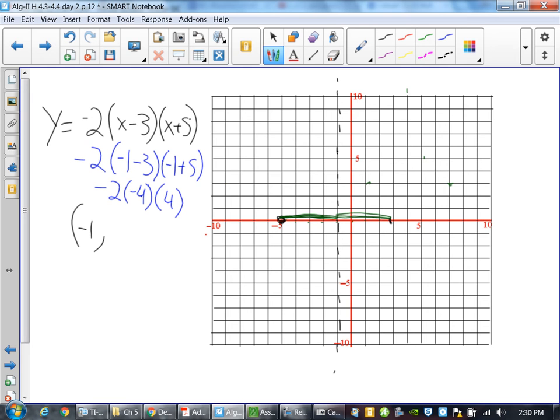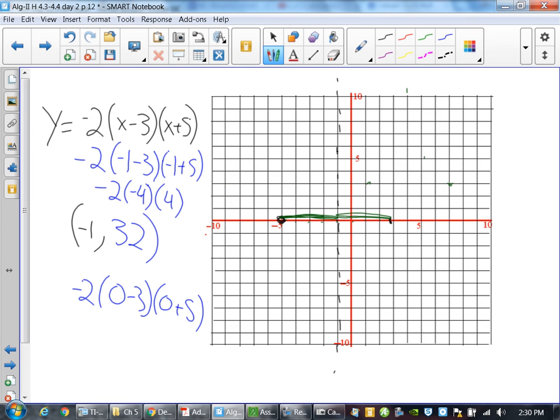That gives me positive 32. There's my vertex. Now, the next number I'm going to pick, since my axis of symmetry is at -1, is 0. So I'm going to have -2 times 0 squared minus 3 times 0 plus 5, which is 5.